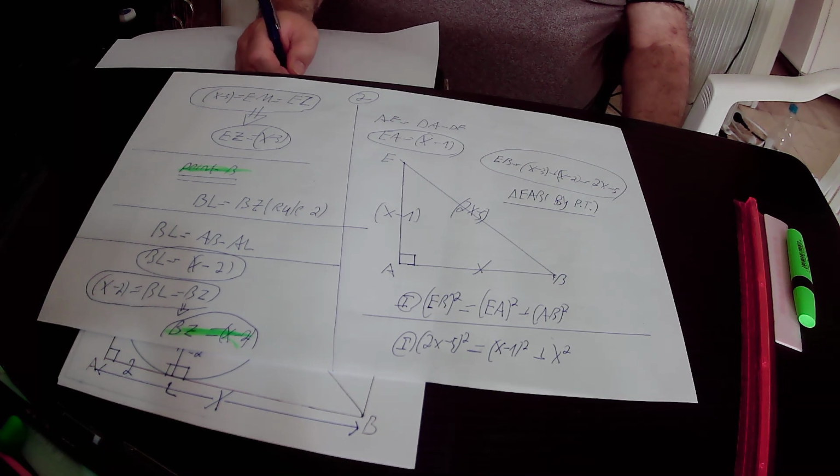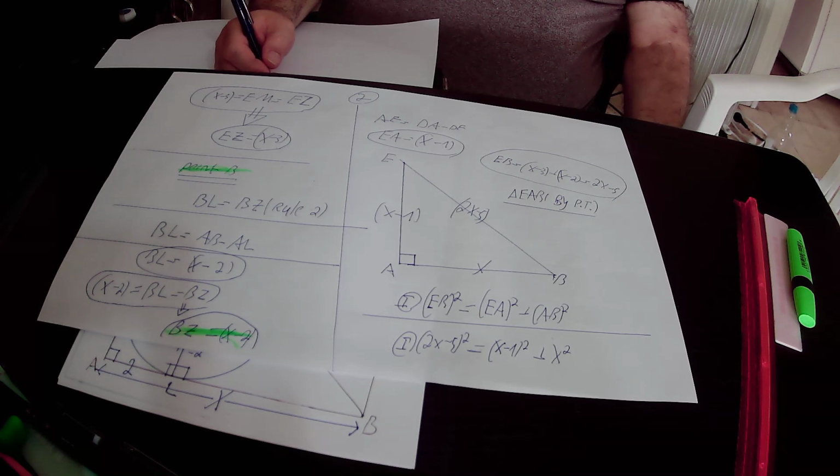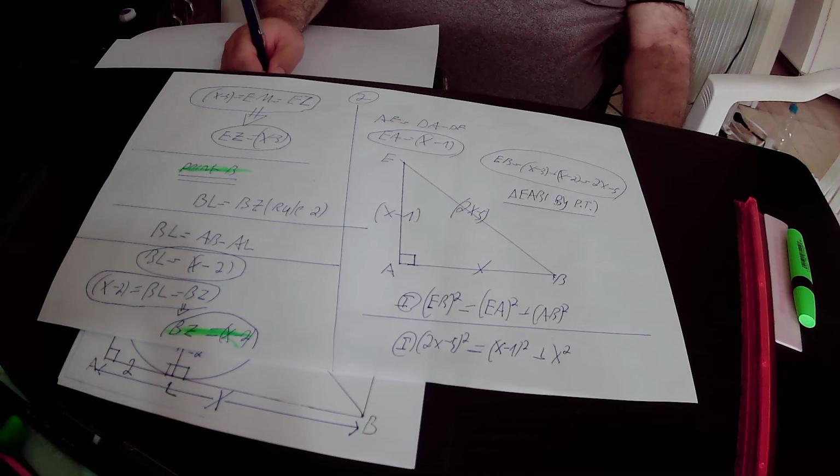And it is equal to x minus 1 squared, which equals x squared plus 1 squared, it is 1, minus 2x, plus x squared.